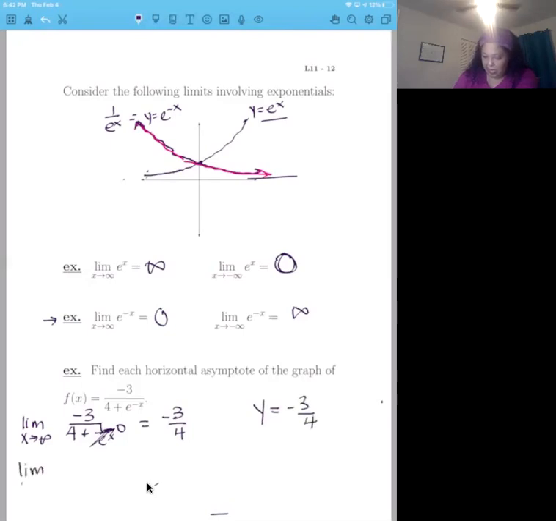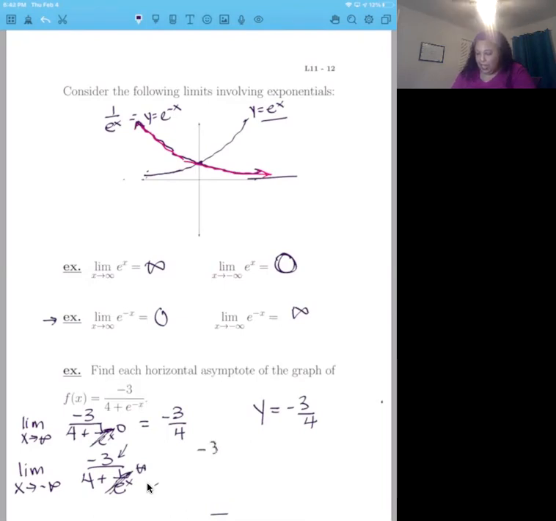Now let's take the limit as x goes to negative infinity of -3 over 4 plus 1 over e to the x. Now, as I go to negative infinity, what does this denominator go to, right? The top is going to stay constant, right? This is 4, but this part right here is going to go off to infinity, right?